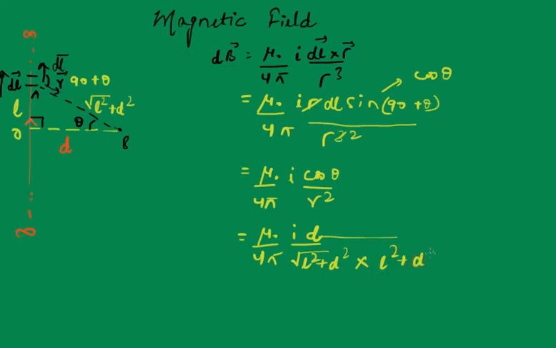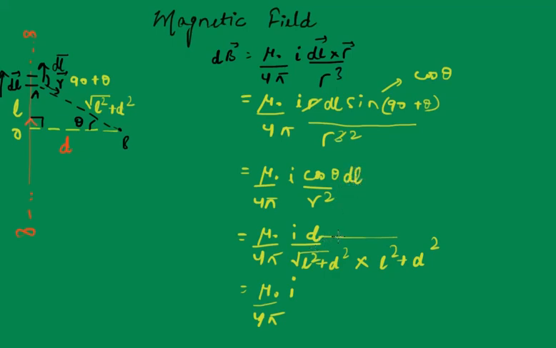If you simplify this, we will have mu naught by 4 pi into I into, sorry, we also have a dl, right?